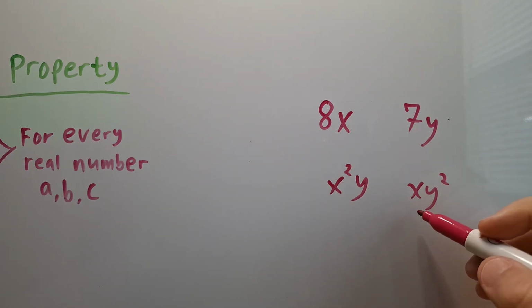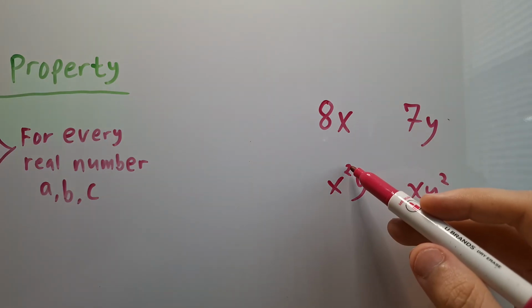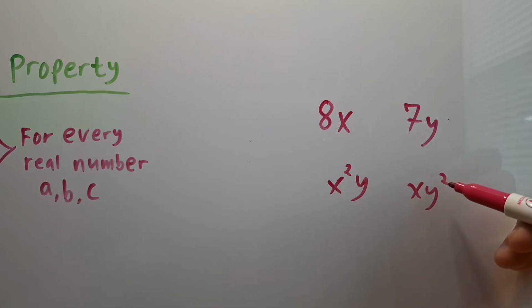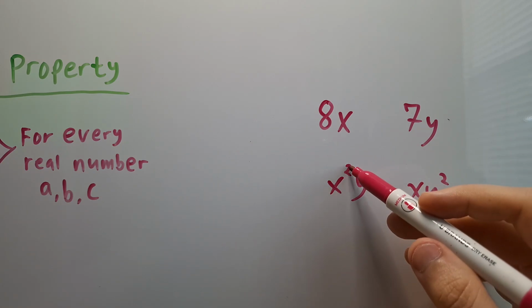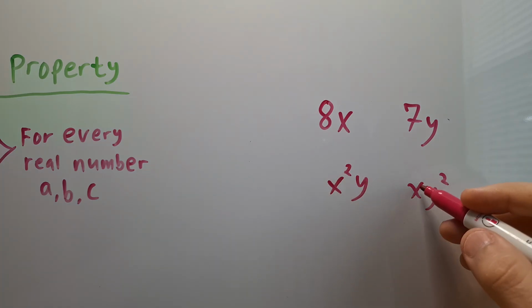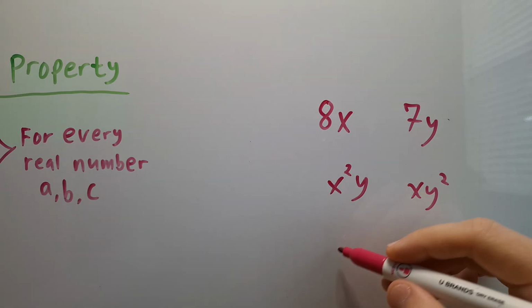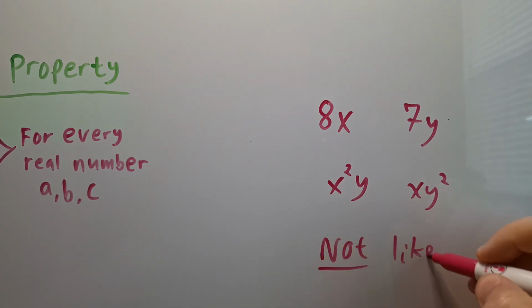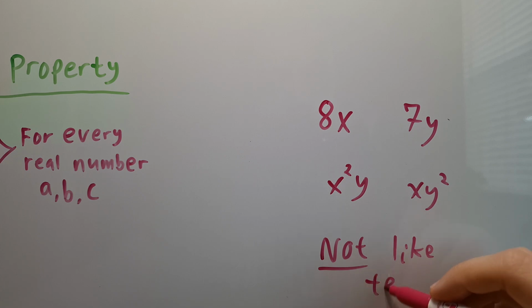These are not like terms because the squared exponent here is different for each variable. Here x is squared, y is not. Here y is squared and x is not. So these are not like terms.